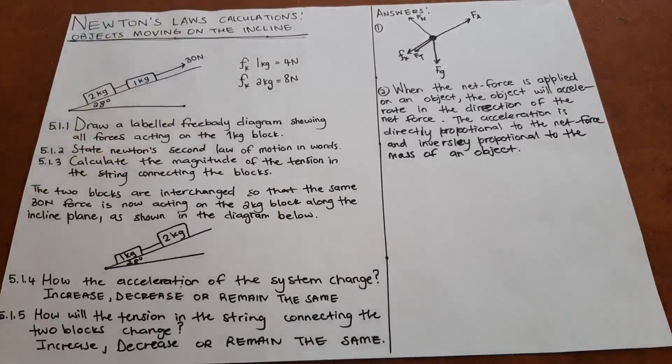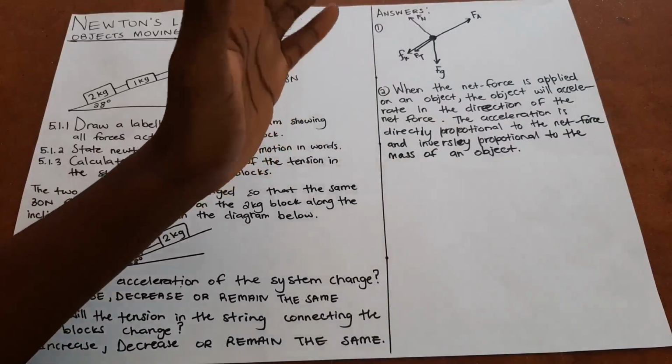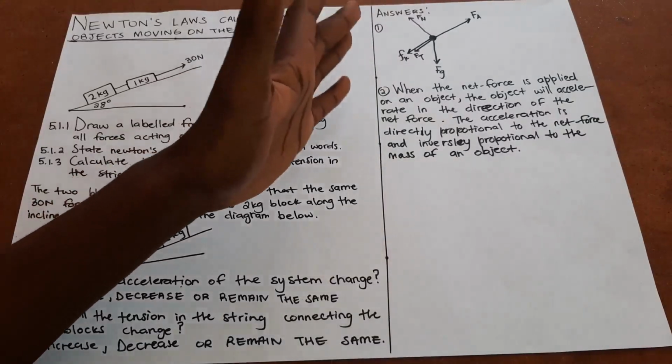That's how it goes for 5.1.2, stating Newton's second law. When the net force is applied on an object, the object will accelerate in the direction of the net force.